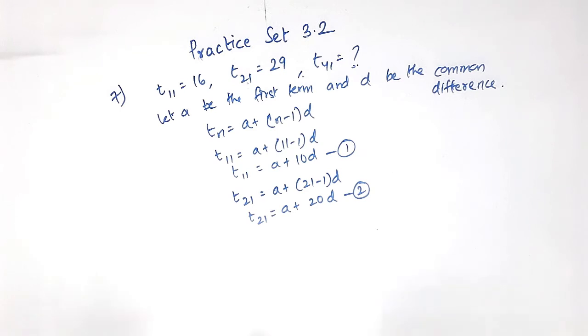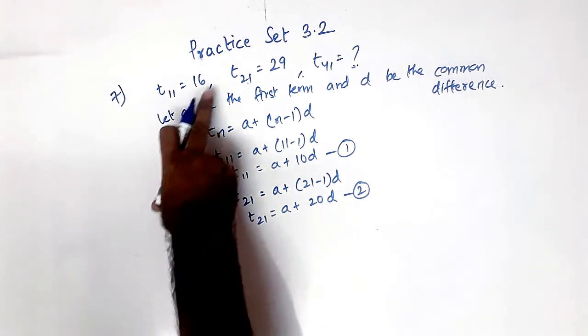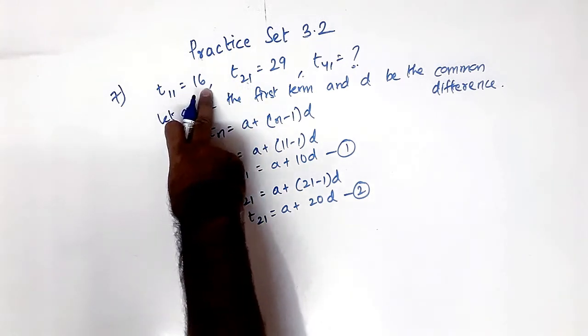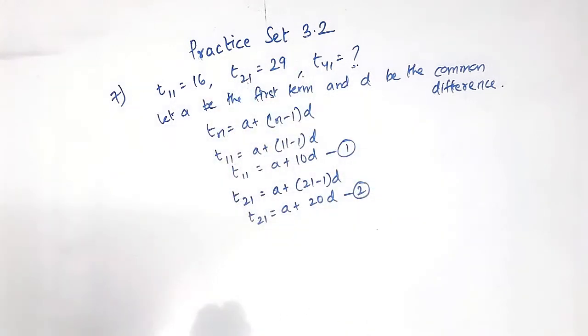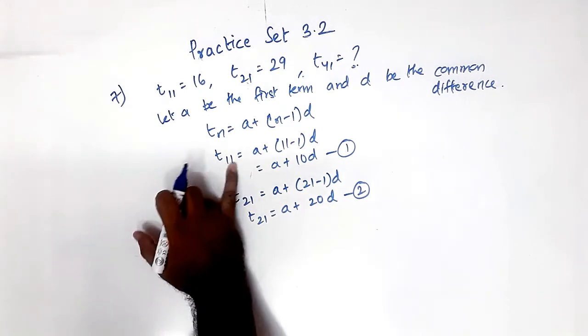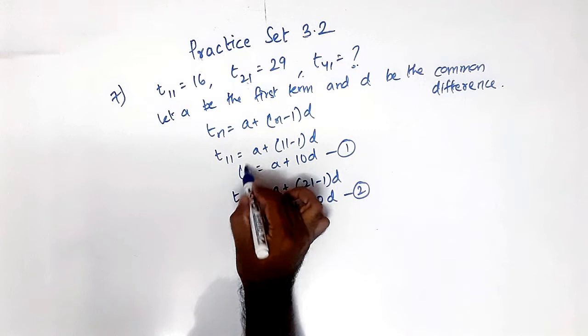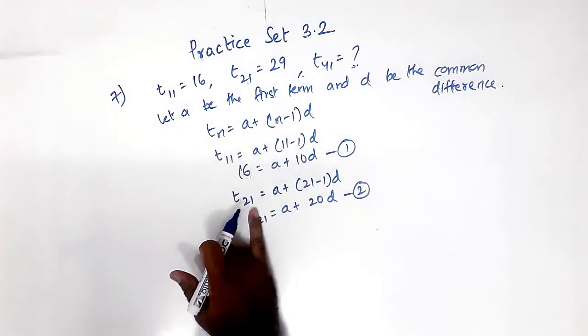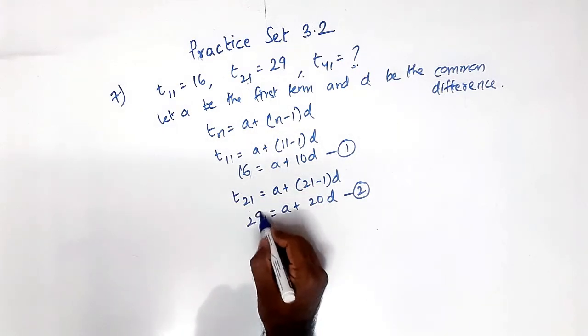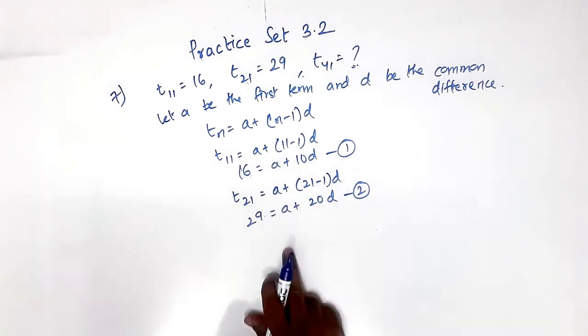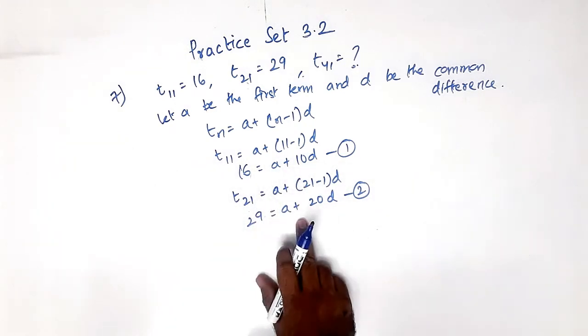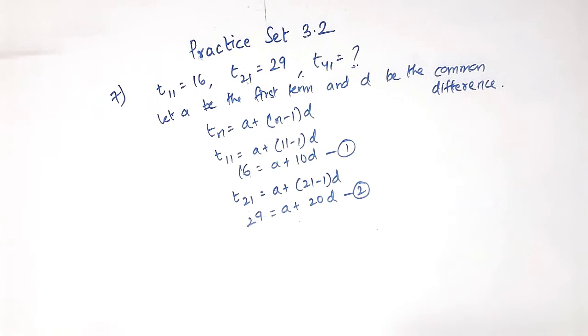Okay, so if you see, T11 is 16 and T21 is 29. So what we are doing is, instead of T11 I am writing here 16, and instead of T21 I am writing here 29. So now we can solve these two simultaneous equations.